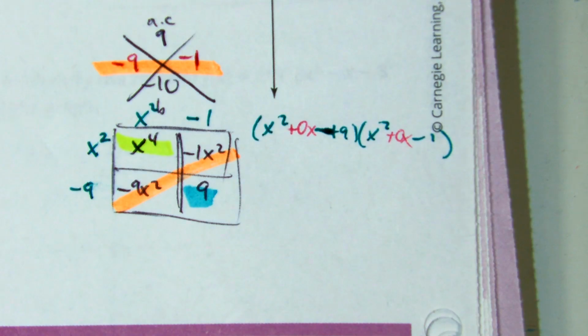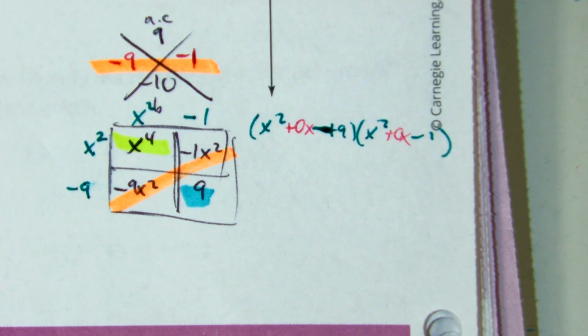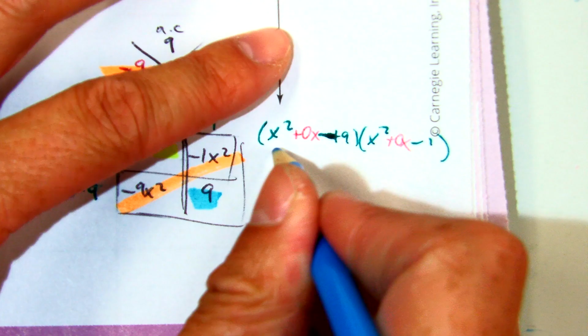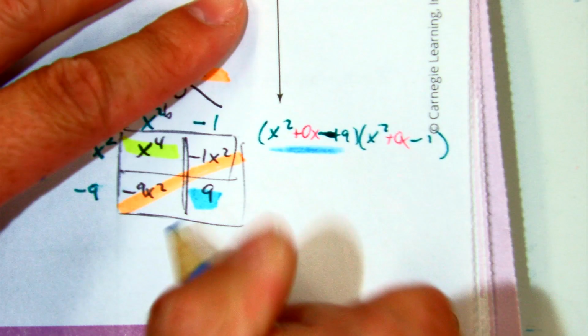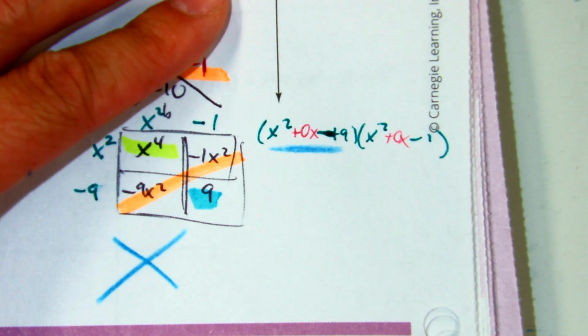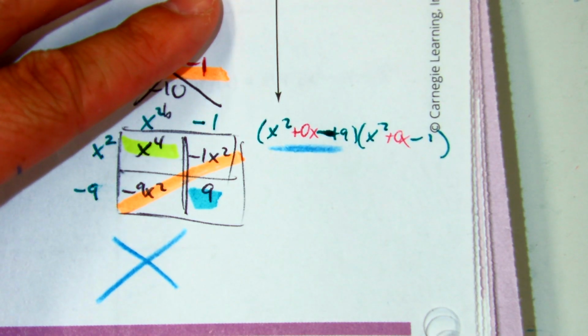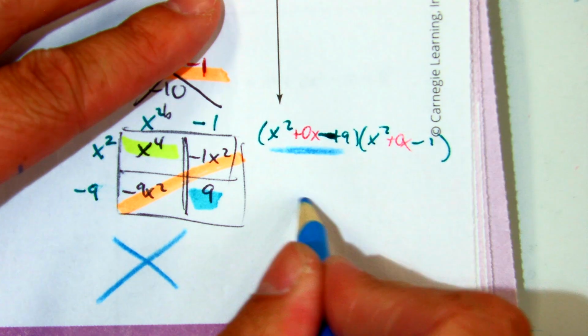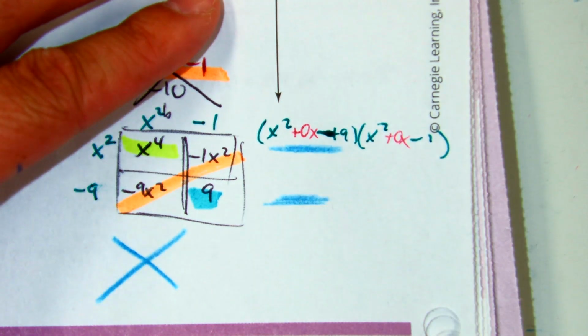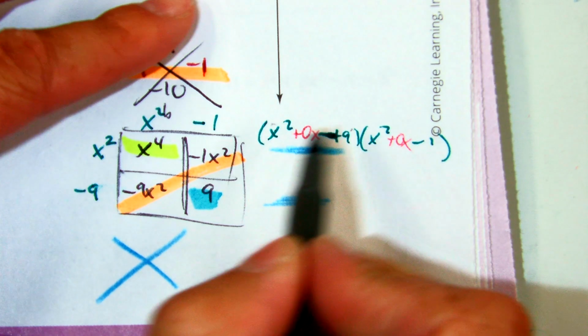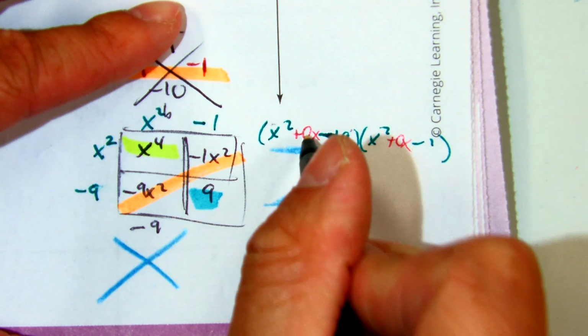And the reason why I did that is because you have to factor again. So let's get an answer for my blue here. A times C is negative 9. My B value is 0.